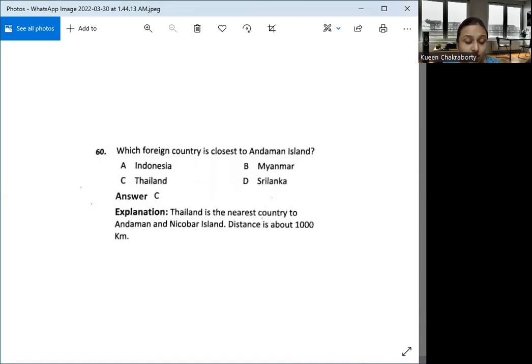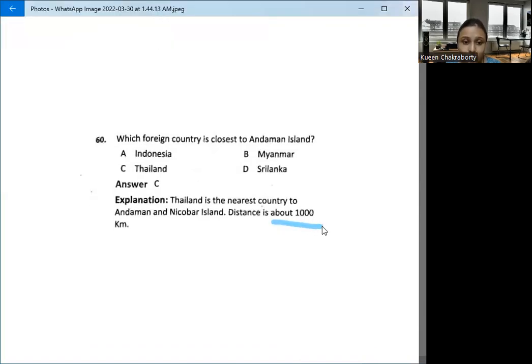It's option C, Thailand. Thailand is the nearest country to the Andaman and Nicobar Islands, at a distance of about 1,000 kilometers. Please make a note of this, it is quite important. The correct answer is option C.